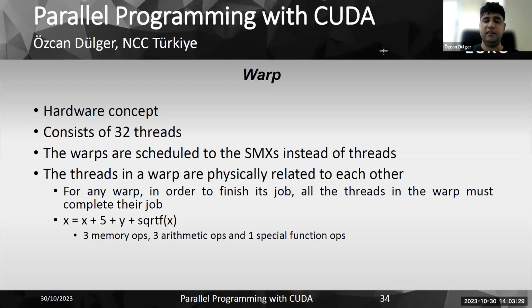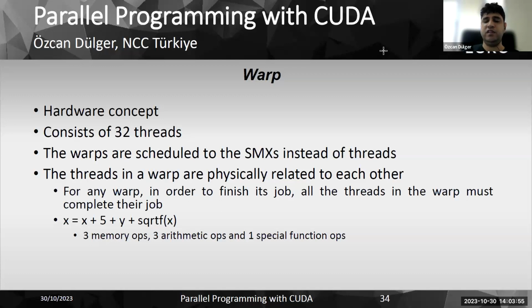It consists of 32 threads, and the warps are scheduled to the streaming multiprocessors instead of threads. And these 32 threads in the warp are physically related to each other. What this means is, in order for a warp to finish its job, all the threads in the warp must complete their job.